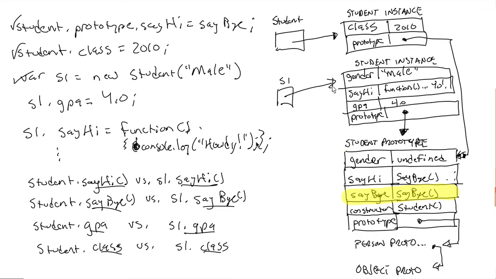So s1 is a reference to a student instance. Student instance has its prototype referring to the student prototype. All right. The next line says s1.sayHi equals a new function which says howdy. So now, instead of us having a function which says yo, we have a function which says howdy.